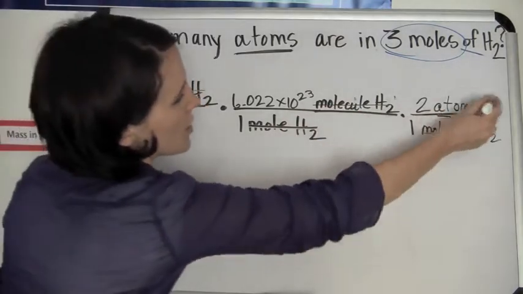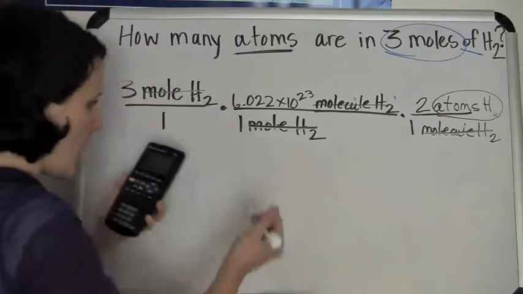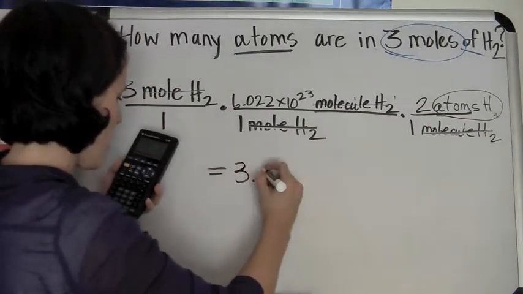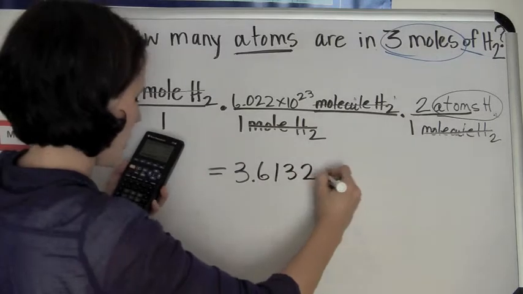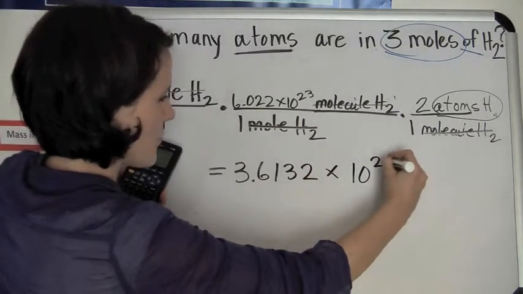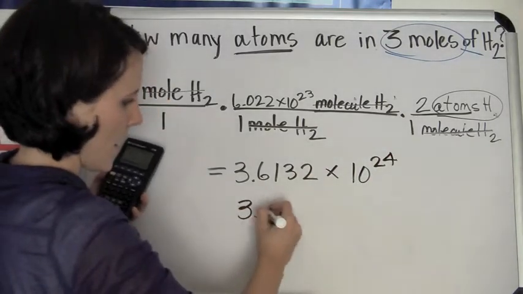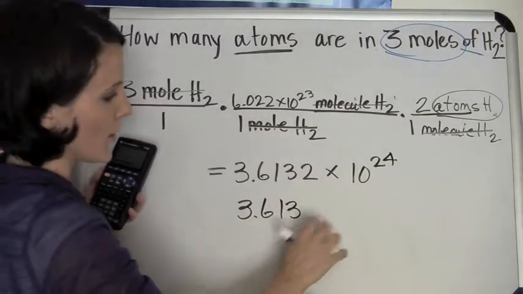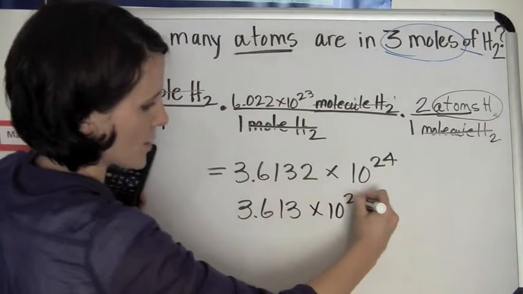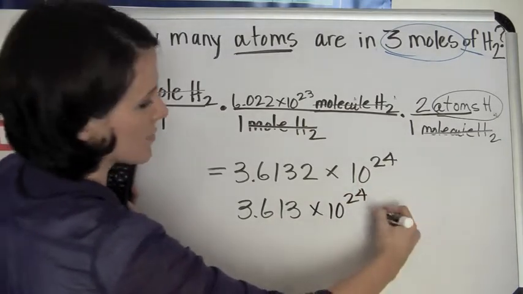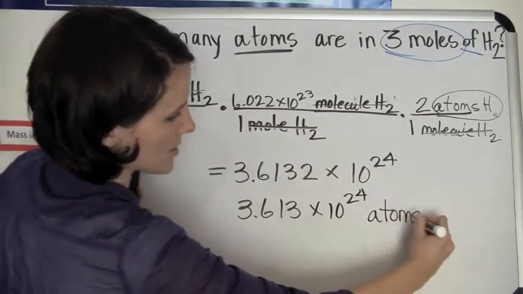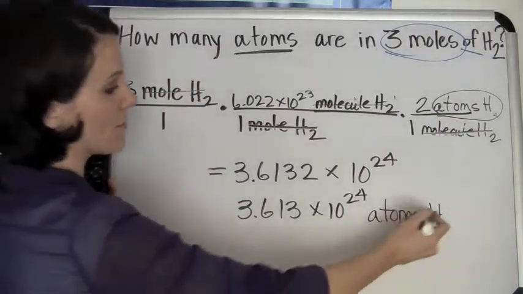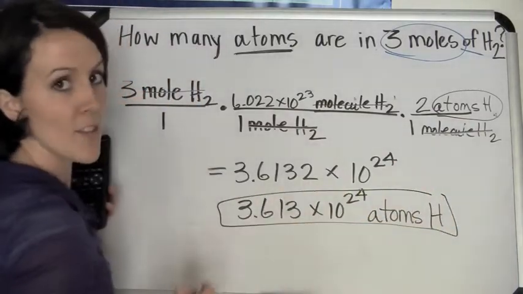That will leave me with the unit I'm looking for, atoms of hydrogen. I get 3.6132 times 10 to the 24th. I'm going to keep that to 3 digits after the decimal point, times 10 to the 24th. What are my units? Atoms of hydrogen. And that is my answer.